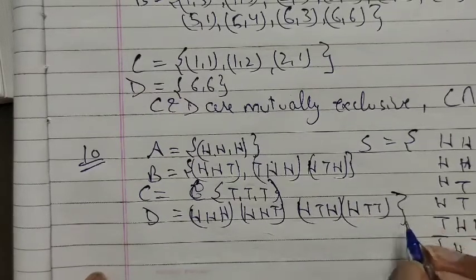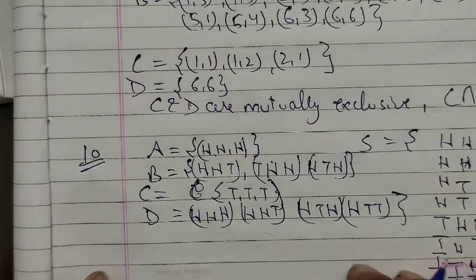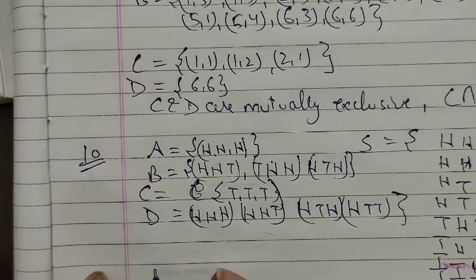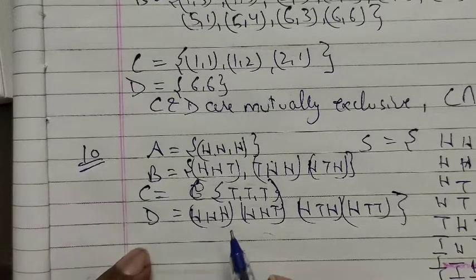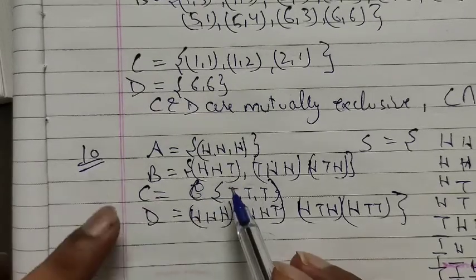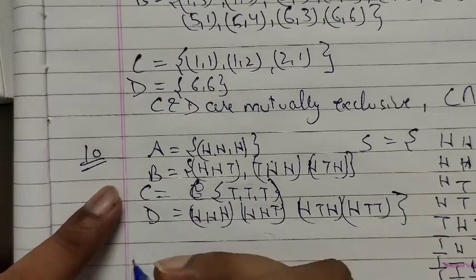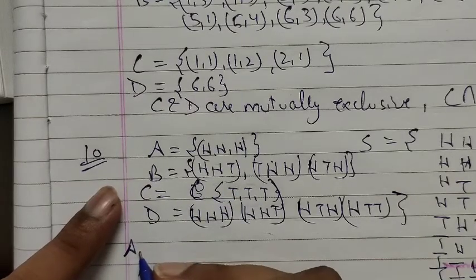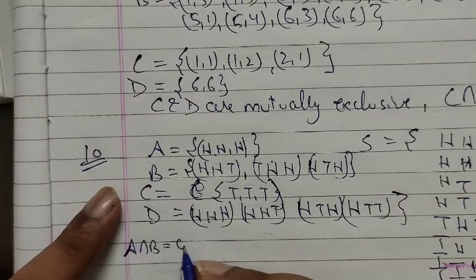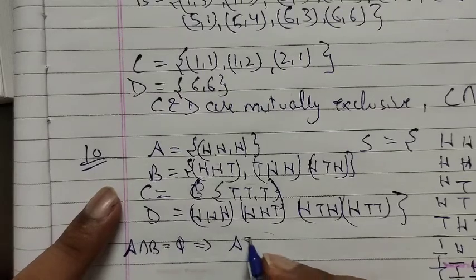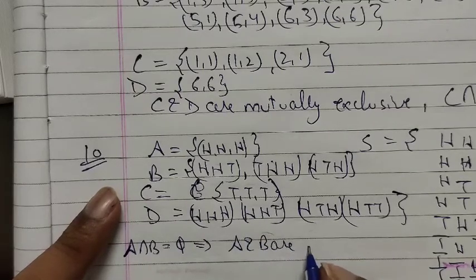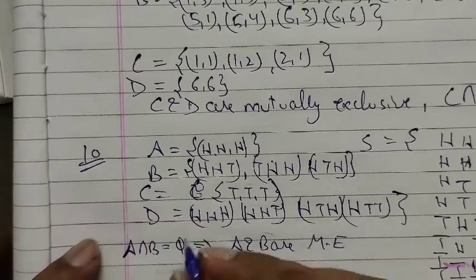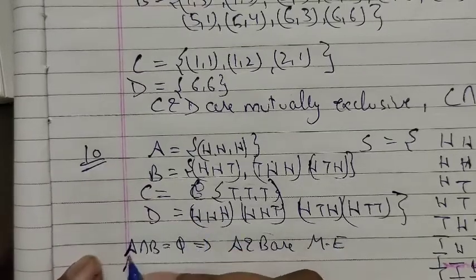Now, which pair of these events are mutually exclusive? So let's see. A and B, yes, the intersection is phi, so A and B are mutually exclusive. A and C are also mutually exclusive.